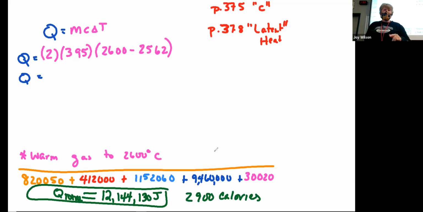The second part we're going to do is what happens if I take 25 grams of molten lead and I dump it into a beaker of 100 grams of water. Does the lead solidify? Does all the lead solidify? Does it all solidify and come down to a lower temperature? What's going on?